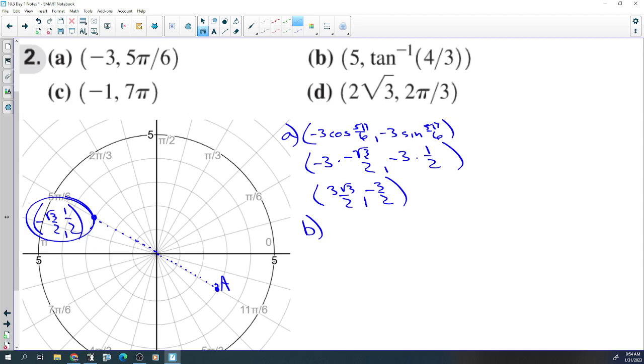B, 5, inverse tangent of 4/3. Well, inverse tangent of 4/3 is some decimal angle. It's not a nice one, but it is an angle. So if I go over to, this is the y, this is the x, because it's y over x.